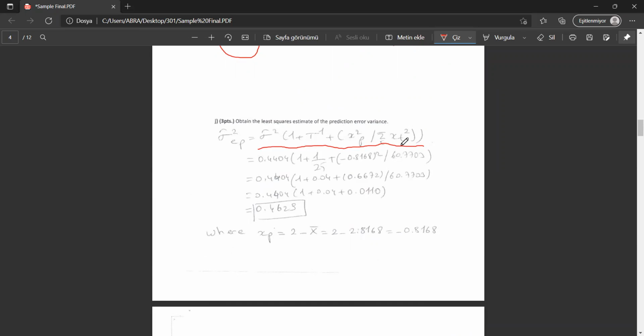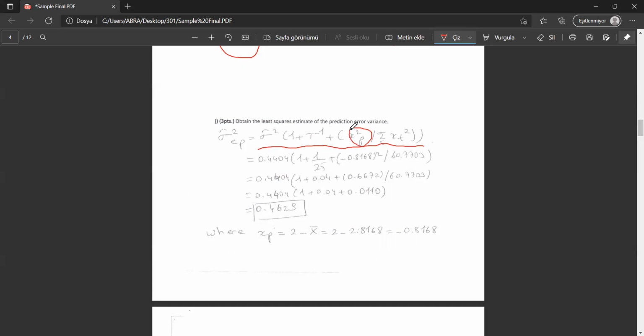So here is the formula. First, we are writing the error variance, sigma square, which we have found in the previous part. And then we have another part, 1 plus 1 over our sample size plus the squared difference in x's, x's mean, over the summation of x_t squared.